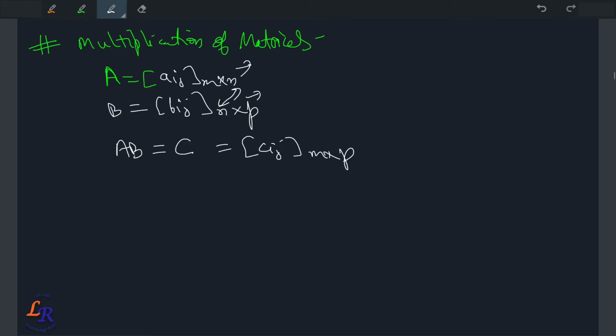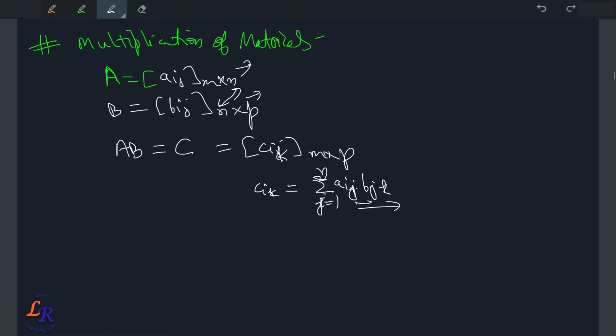Let's say we represent the element as Cik, then Cik would be given as the sum over j equal to 1 to the number of common rows and columns, of Aij times Bjk, right? So this is the formula for multiplication, as we had seen in a very general term.